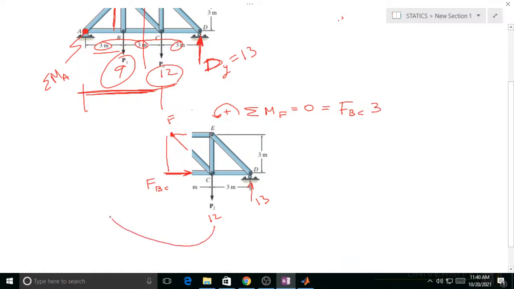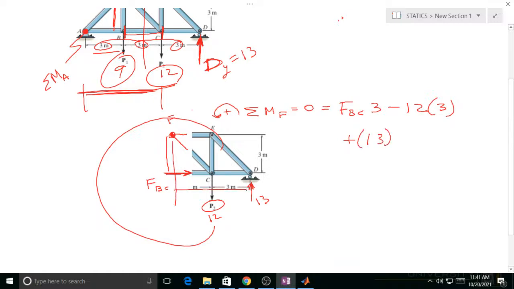Then I've got this one, the P2, going the other way, minus 12 times from here. This moment arm is from this point to that point, or 3. And you got 13 going the positive way. 13, its moment arm, or distance from here to here, is 6.